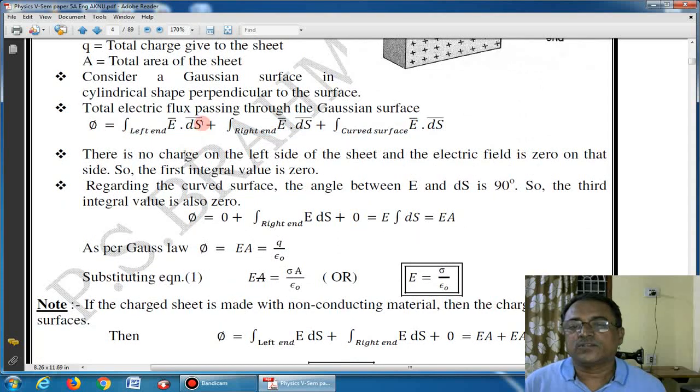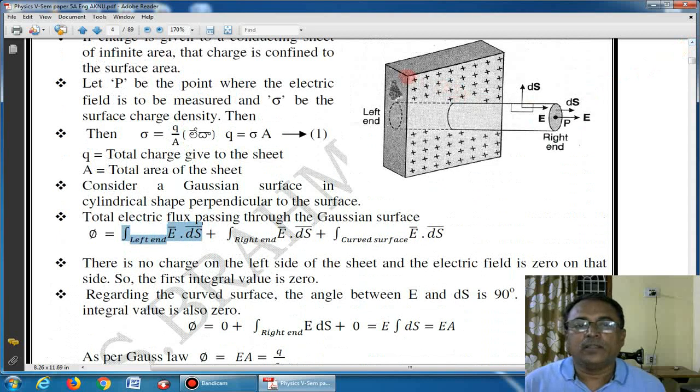Next we will go to the first integral. For the first integral, E bar is equal to 0. Why? On the left surface there is no charge. If there is no charge, then it will not repel or attract the unit positive charge placed on the left hand. So E bar is equal to 0, then this quantity will become 0.